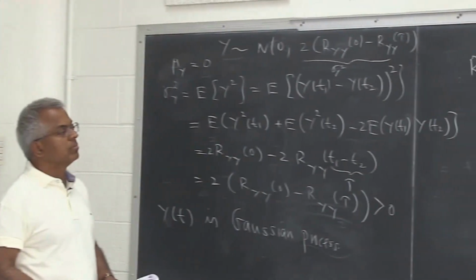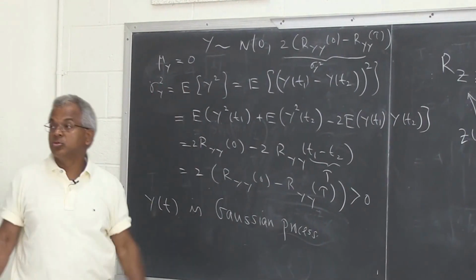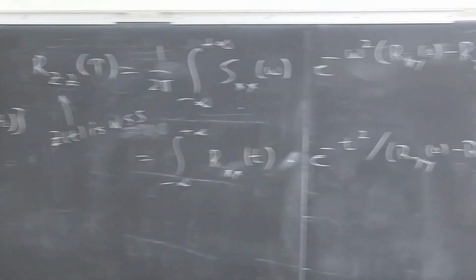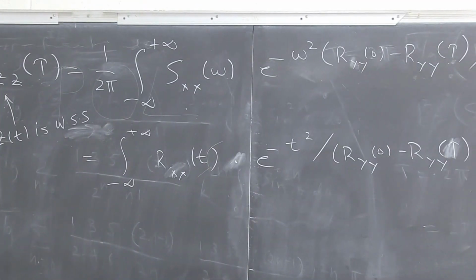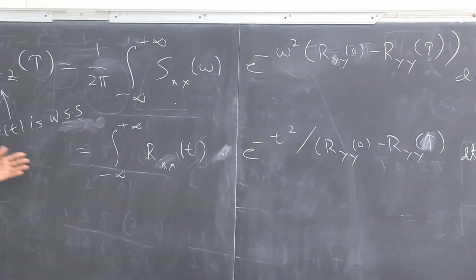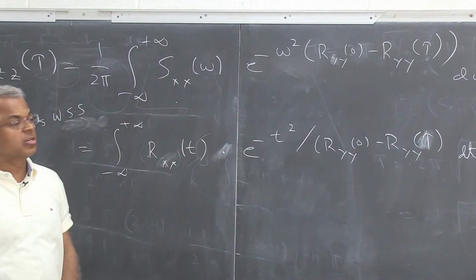Then z of t is also a Gaussian process and a wide-sense stationary process, and its autocorrelation function can be expressed in terms of either the autocorrelation functions of x and y, or in terms of the respective power spectrum.